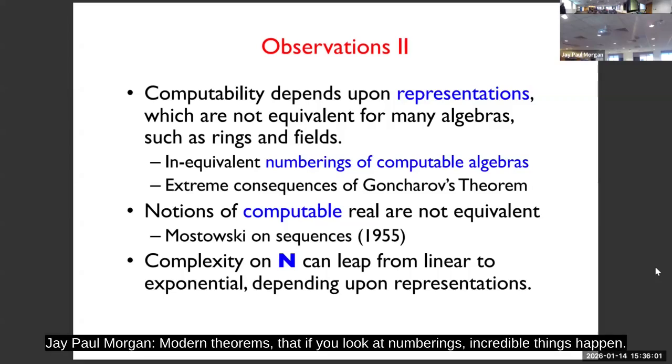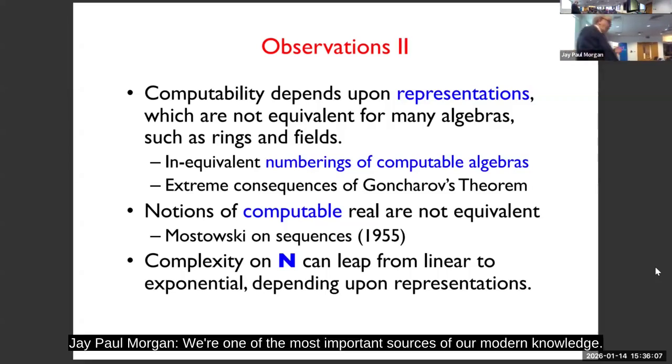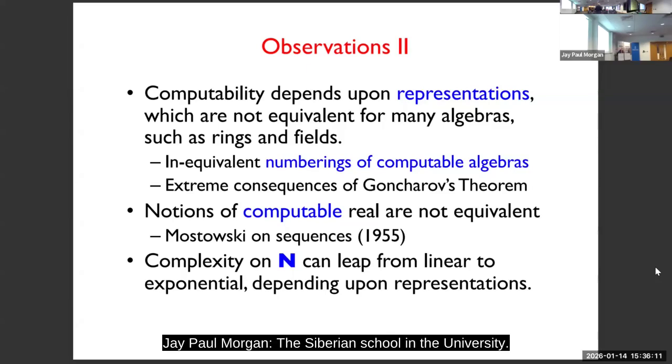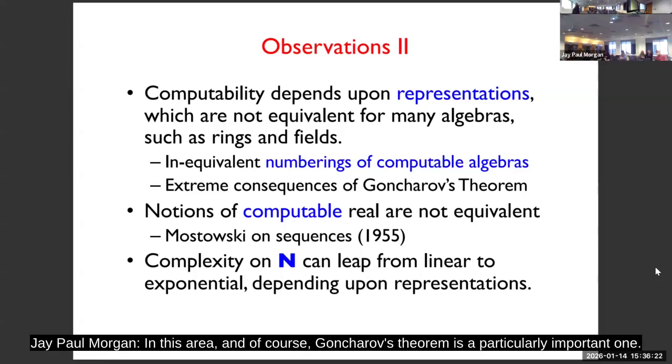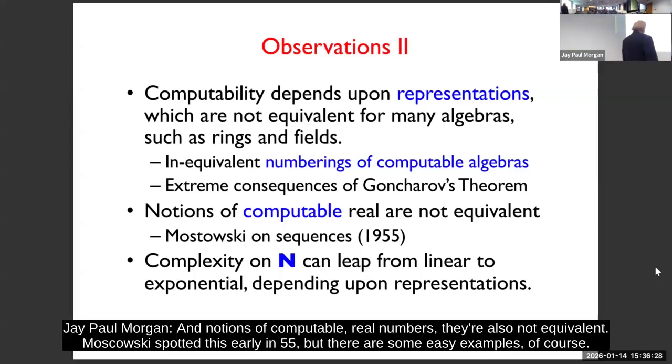In particular, we know from various modern theorems that if you look at numberings, incredible things happen. One of the most important sources of our modern knowledge is the Siberian school in Novosibirsk, where generations of logicians have produced extraordinary results in this area. And Goncharov's theorem is a particularly important one.